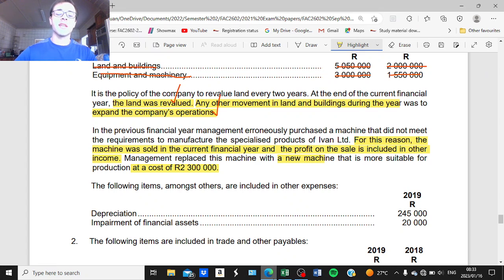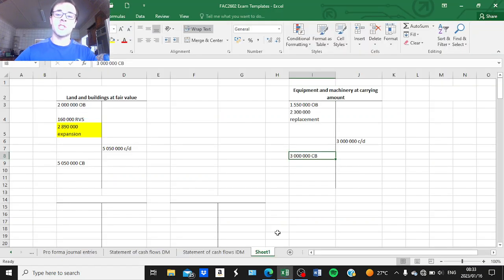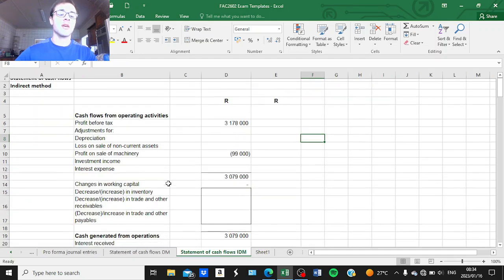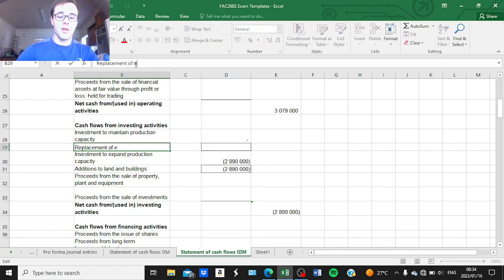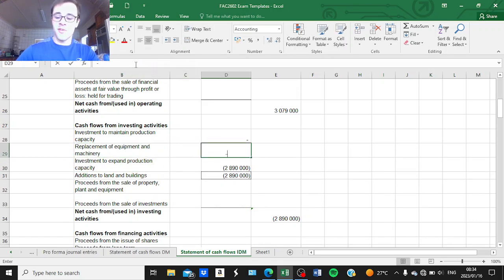All right. Secondly, we also need to show this as an outflow in the investing activity section because money was spent on the acquisition of the additional machine and it was acquired to maintain production capacity. Replacement of equipment and machinery. No calculation is necessary because this amount has been provided as 2.3 million rand.